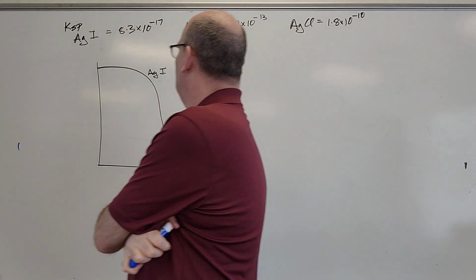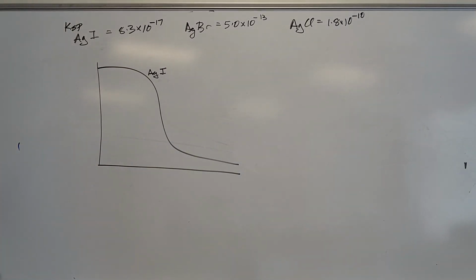What do you think the plot of AgBr looks like? It's definitely going to be smaller somehow.